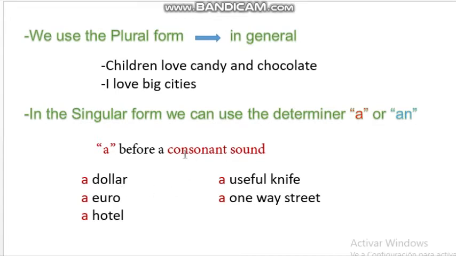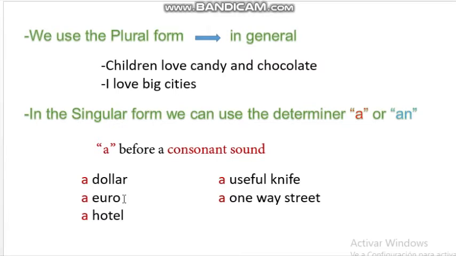As you can see, you can notice that we have a sound, not a letter. In this case, we have E, but it is not the letter itself, it's the sound, and we say a euro.